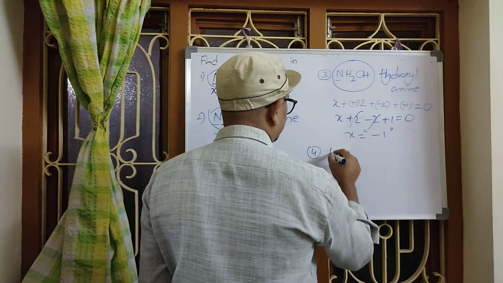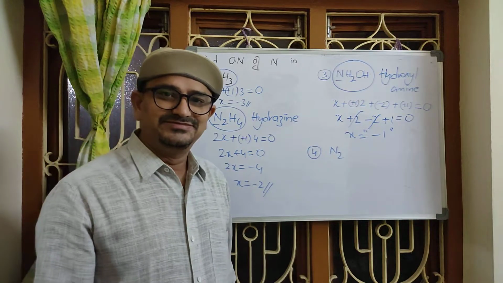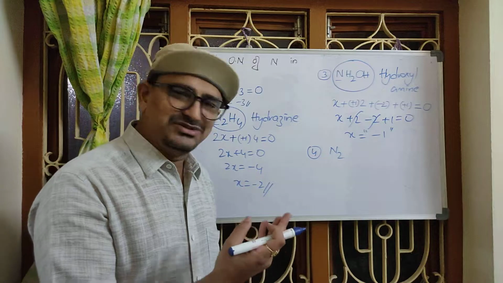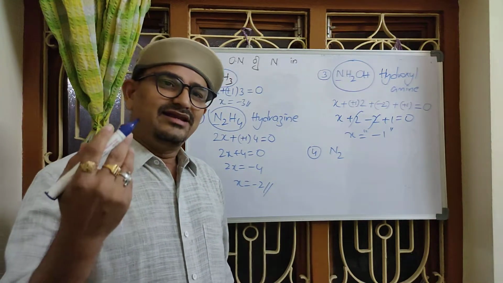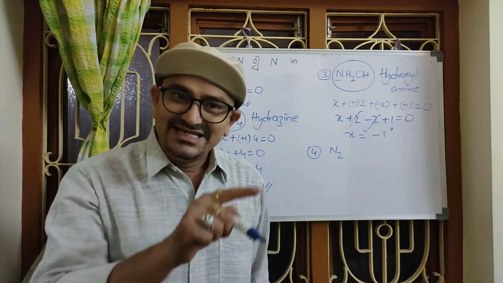Similarly, one more example. Oxidation number of nitrogen in N2. Nitrogen is in its available form, the native state, isn't it? In free state or native state or elemental state, the oxidation number is 0.